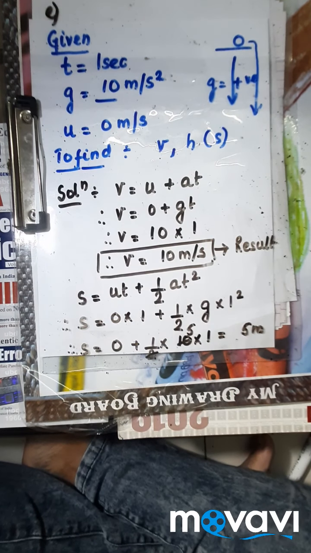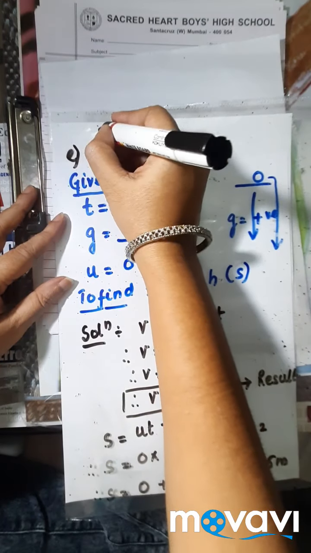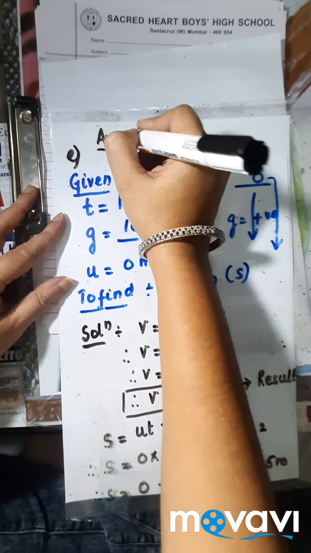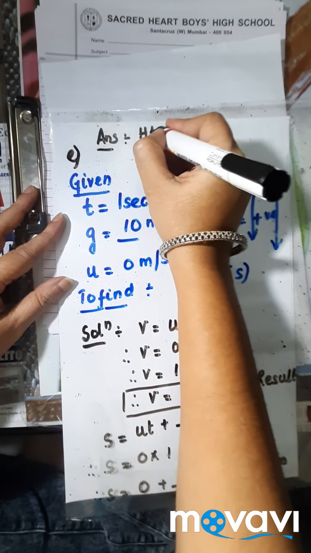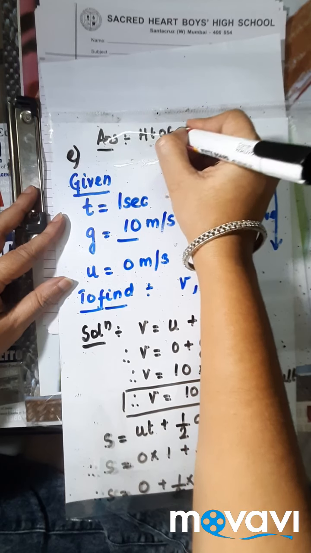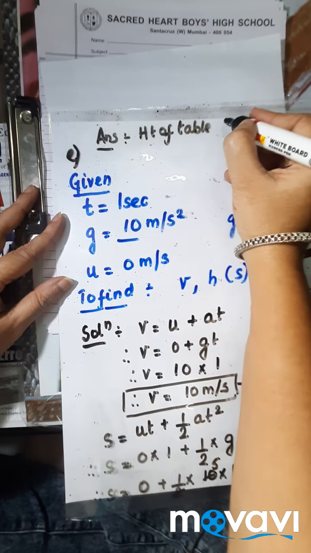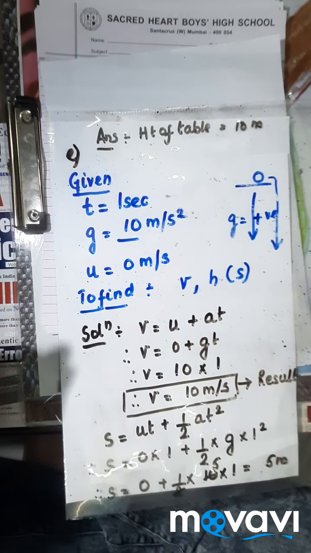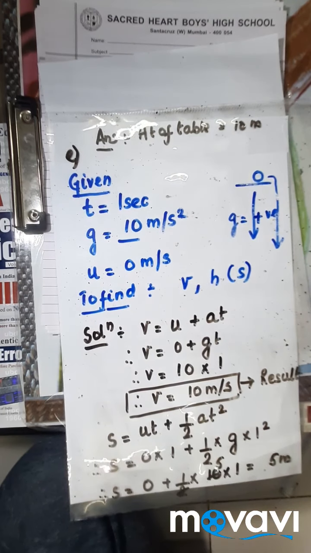I don't have place, so I'm not writing the final step, but you have to write your final step. You want me to write it on top and show you? You write the answer statement. The answer statement you have to write. Height of table is equal to 5 meter, sorry, not 10 meter.